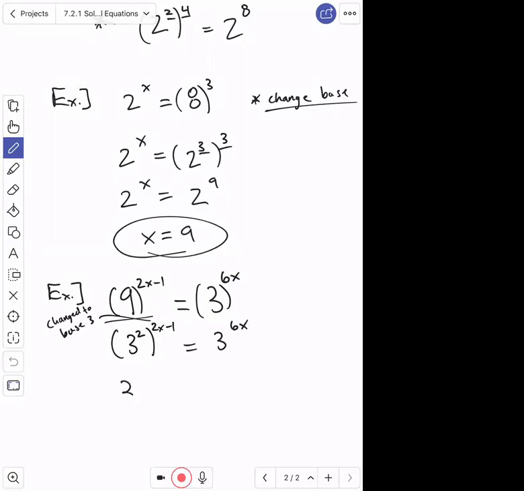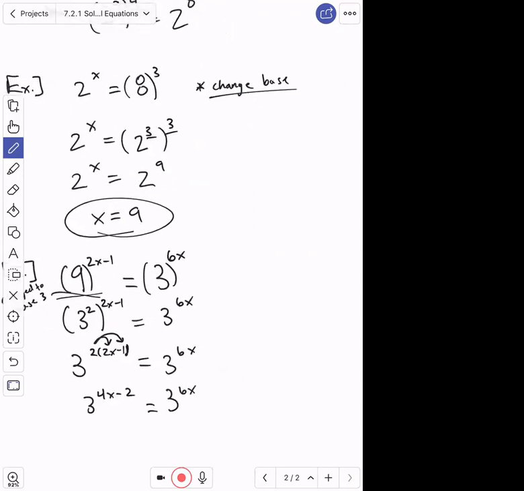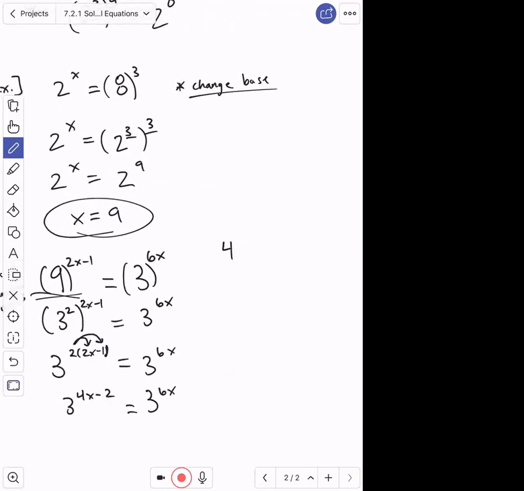When we do that, like I talked about, we have to multiply the exponents. So on this left side, we have to distribute the 2. From there, once they're both base 3, we can set the exponents equal to each other.